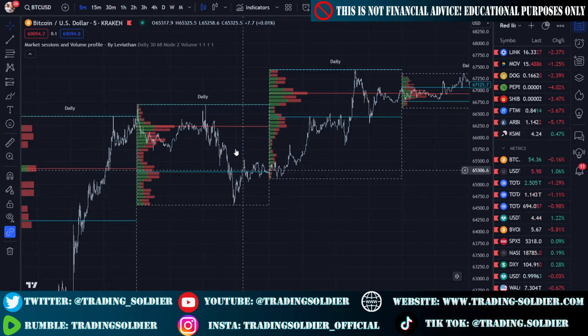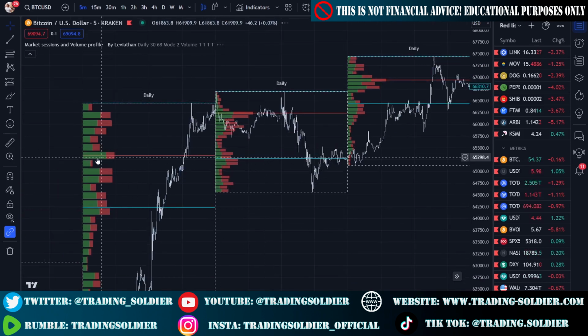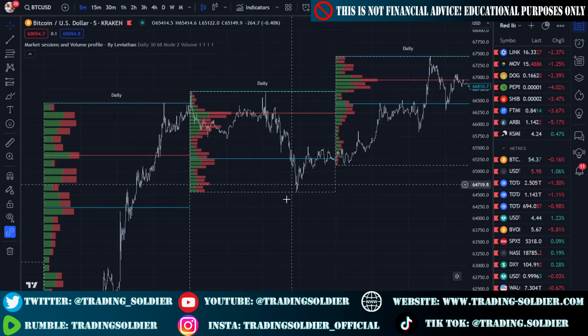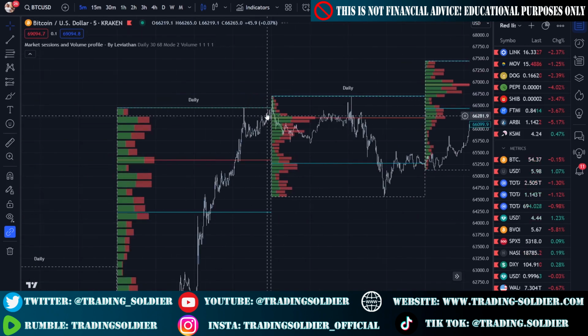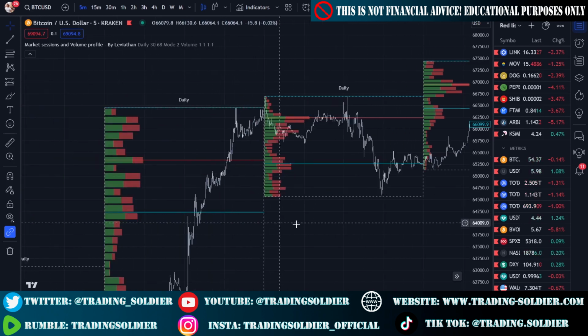So the VAH will act as resistance, the VAL will often act as support, and the POC will be like a flipping point from support to resistance and from resistance to support. You can use the VAH to enter short trades, the VAL to enter long trades, and the POC to enter short and long trades, depending on the price action.